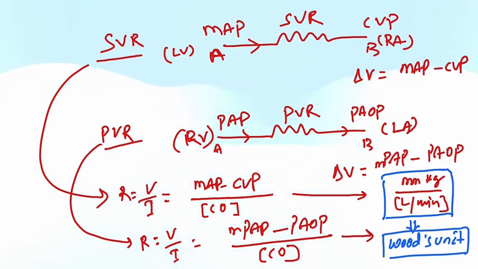In MCQs you will be given various parameters to calculate. For example, let us consider an MCQ where you are given parameters like heart rate, mean blood pressure, pulmonary arterial occlusion pressure, mean PA pressure, saturation, cardiac output, and central venous pressure.